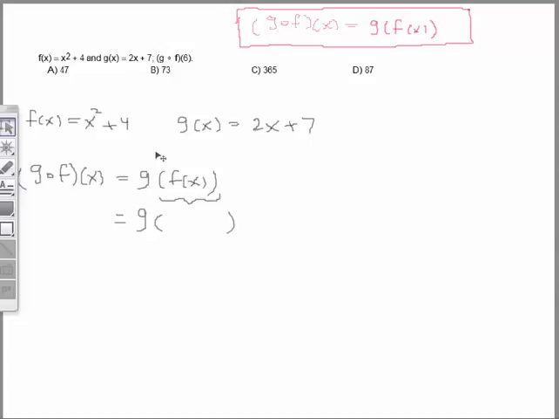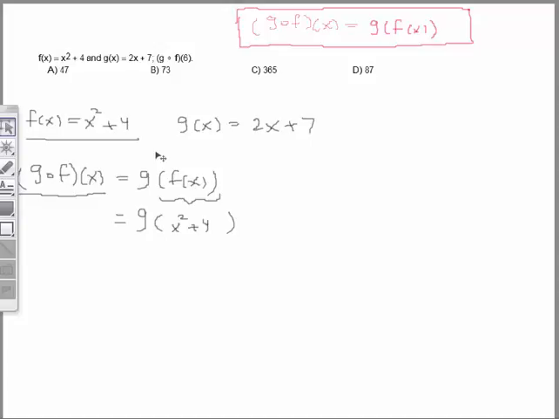In this case, f of x is given to me as x to the power of 2 plus 4. So composition of g with respect to f means g of, and then I substitute f of x with all this stuff here. So what is g of x squared plus 4?